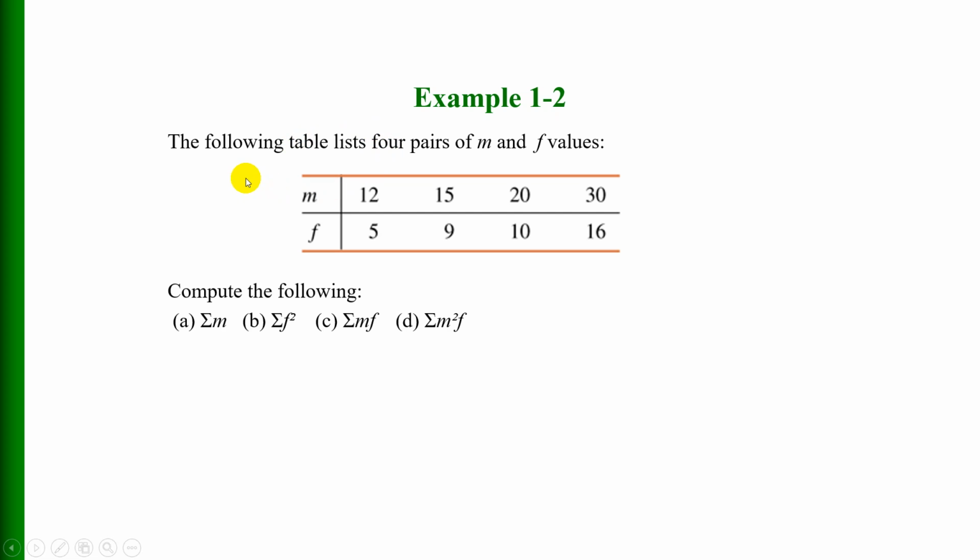Here is an example. The following table lists 4 pairs of m and f values. M is 12, 15, 20, 30, and f is 5, 9, 10, and 16. The question is how to compute the following: summation m, summation f square, and then summation mf and summation m square f.